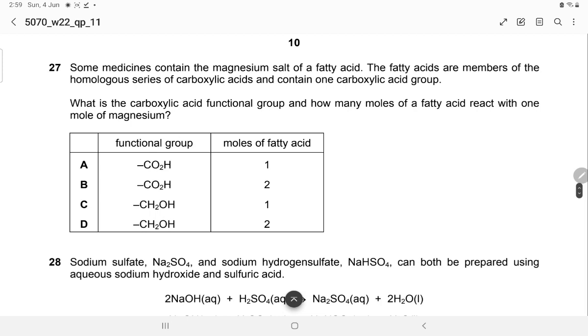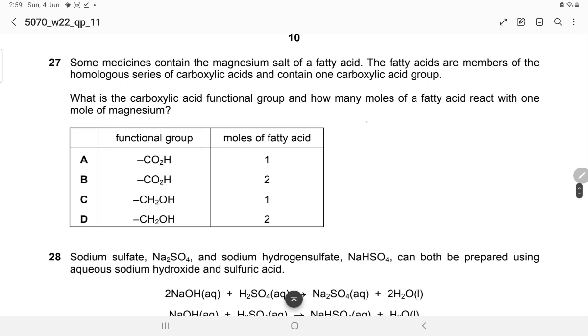Question number 27. Some medicines contain the magnesium salt of a fatty acid. The fatty acids are members of the homologous series of carboxylic acids and contain one carboxylic acid group. What is the carboxylic acid functional group and how many moles of fatty acid react with 1 mole of magnesium? The reactive functional group is carboxylic acid, and only one carboxylic acid is present.